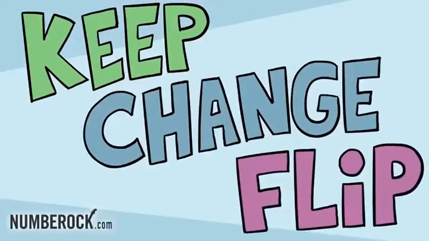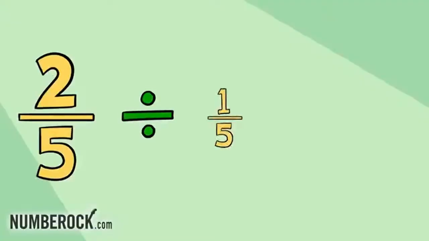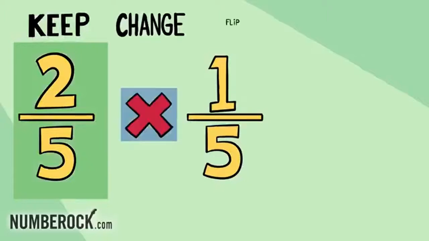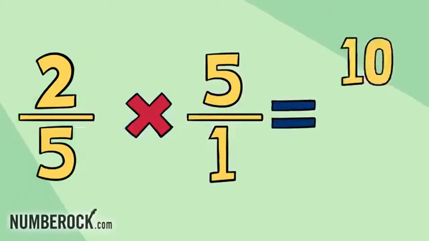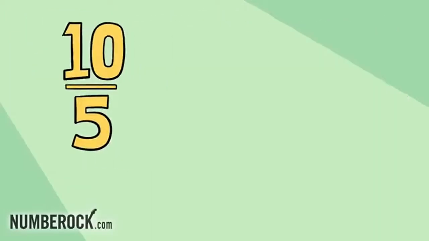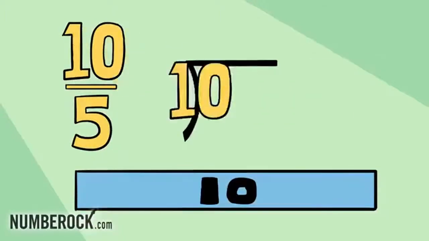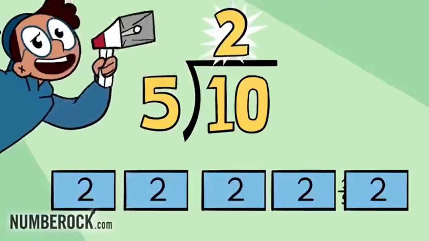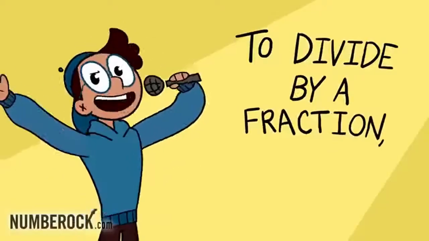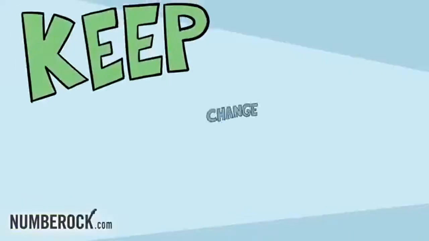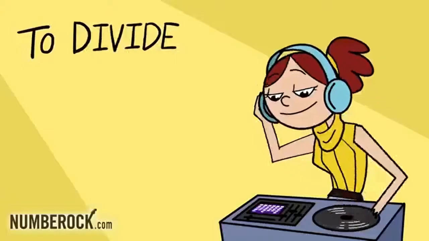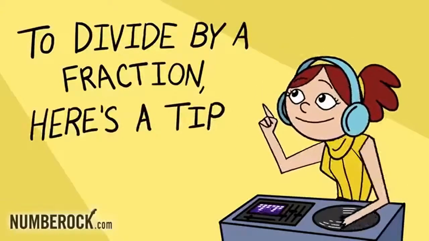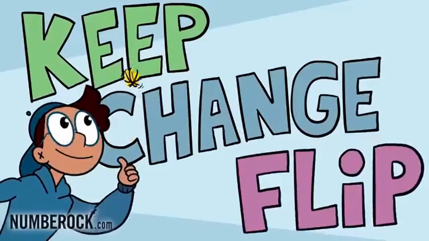To divide 2/5 by 1/5, keep, change, flip. 2 times 5 is 10, 5 times 1 is 5. It's an improper fraction, so you need to divide. 10 divided by 5 equals 2.